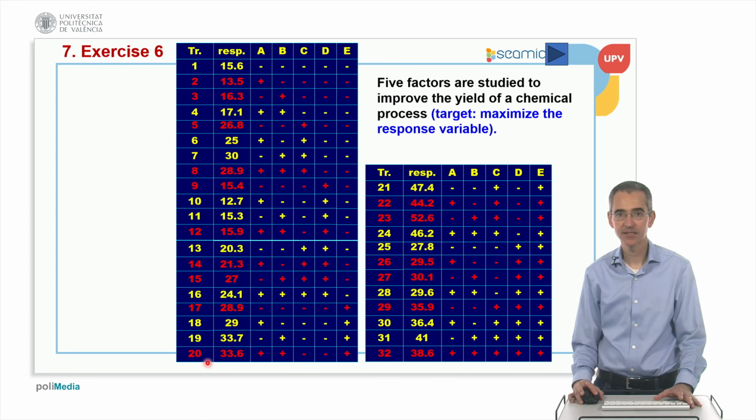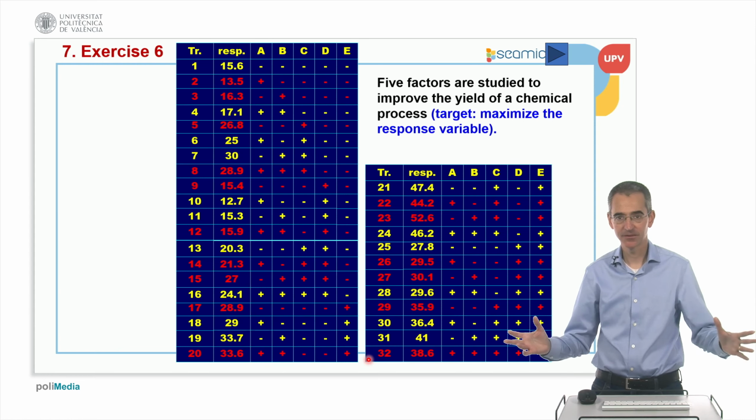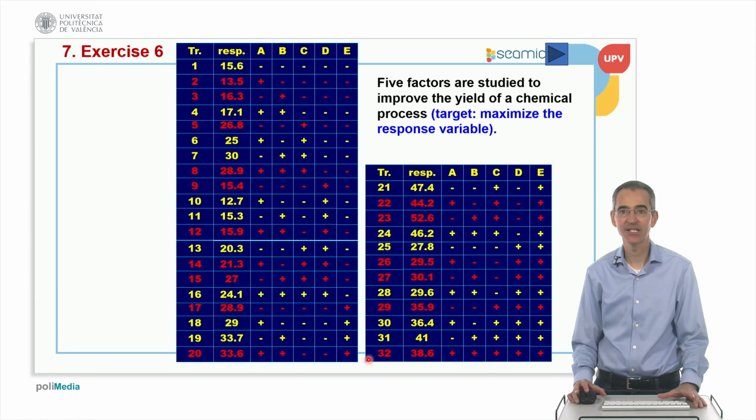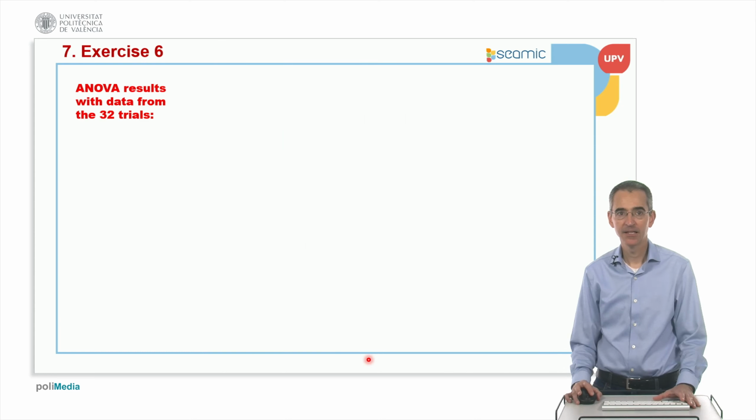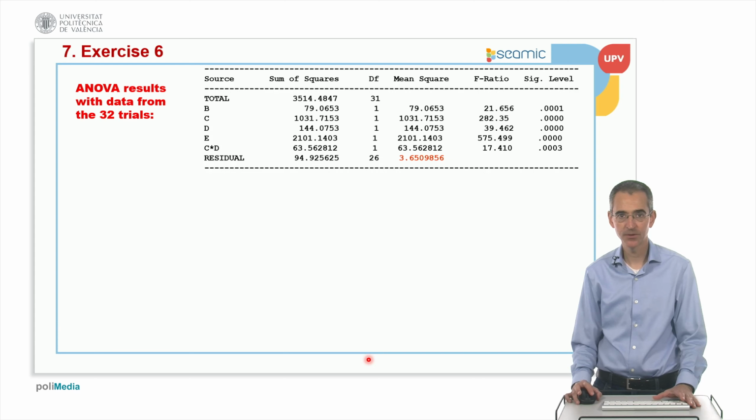In total we have 32 experimental data, which is quite a lot. Imagine that if this is a real experiment, carrying out 32 trials sometimes is expensive, and also it can be time consuming. So this is the ANOVA result with the 32 values.